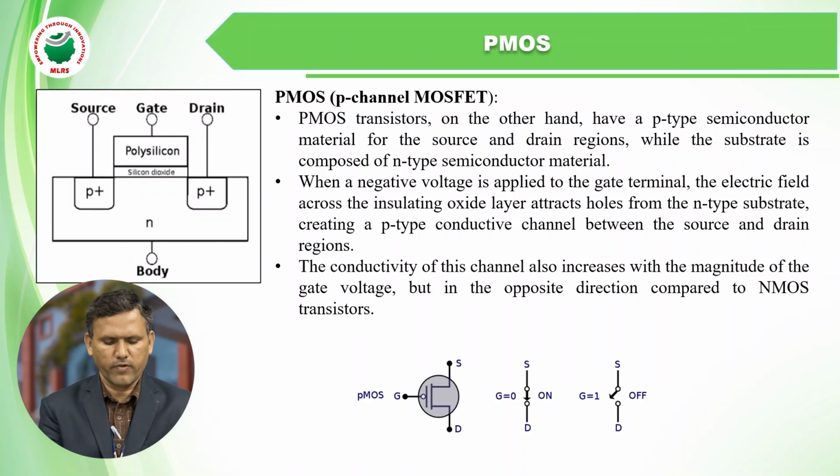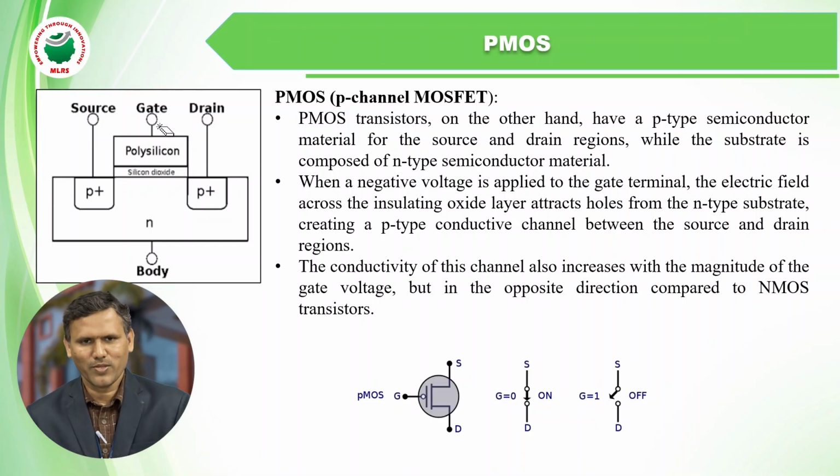That means whenever a negative supply is applied to the gate voltage, more holes are attracted by the silicon dioxide layer and a P-type channel is created. The symbol for PMOS, you can observe, has a small bubble that indicates the negative input for the gate. So you can observe this is the difference between the N-type and P-type symbols.